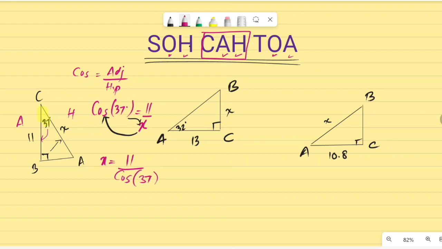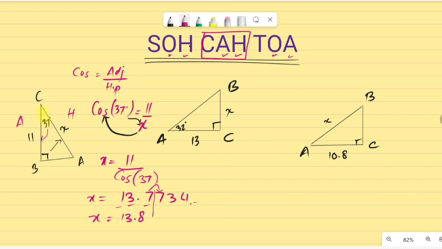When you write this in your scientific calculator, 11 over cos 37, you will get that x is equal to 13.7734 and so many values, which we usually round to three significant figures. So 1, 2, 3, and line. After 7 we have a 7, so round up. So x will be 13.8.